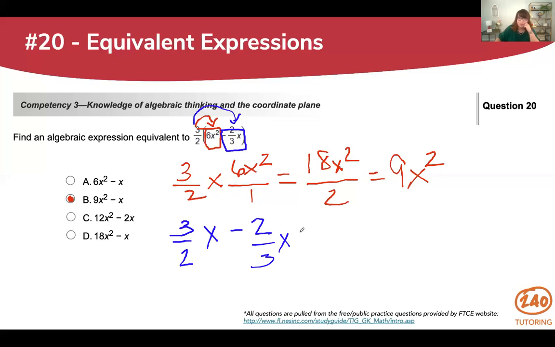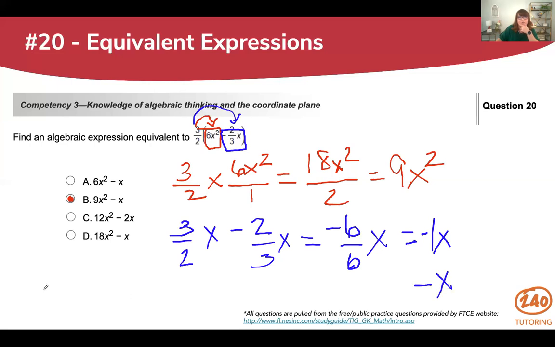So I'm going to multiply that out, and I get 3 times negative 2 gives me negative 6. 2 times 3 is 6, and I still have that x. Well, I know I can divide 6 by 6 and get 1. Since it was negative 6 divided by 6, it's going to be negative 1. I have negative 1x, which I could write as just negative x.